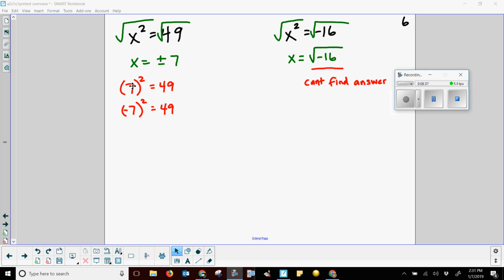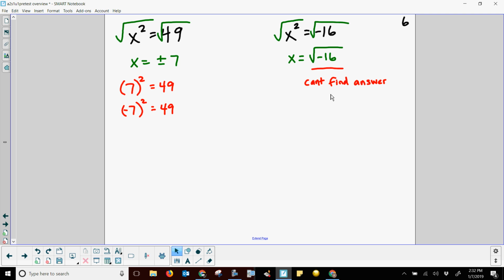When we plug in 7, 7 squared is 49, but negative 7 squared, negative times negative, is also positive 49. So that's why x is actually plus or minus 7. Sometimes they write it plus or minus, or they'll say x equals 7 and x equals negative 7. When you have x squared equals a negative number and you square root, we actually cannot find a real answer.